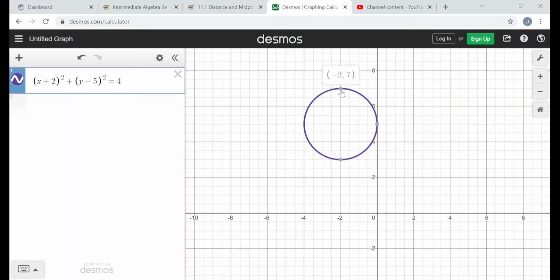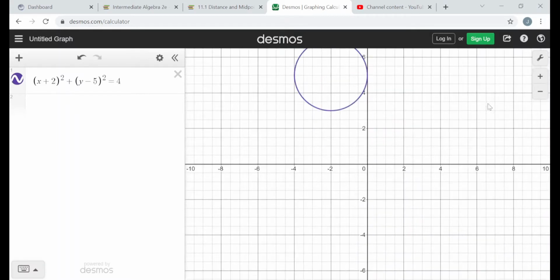There's -2, 7, 0, 5, -4, 5, and -2, 3. And the center would clearly be at -2, 5 if you want to put it in. But those 4 points, the up and down and left and right points, are all there, and all these other points should also be 2 units away from the center. Alright, looks good to me.